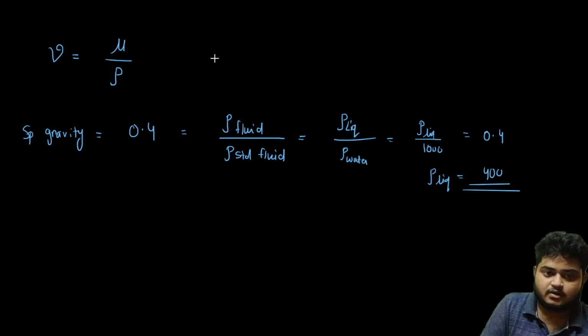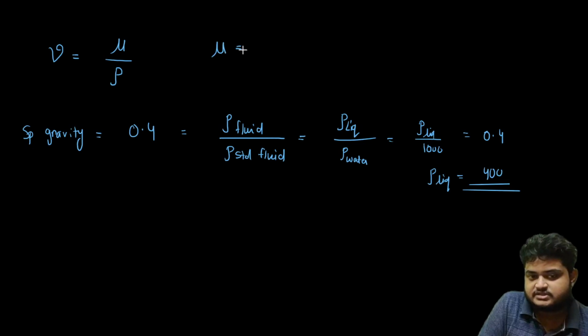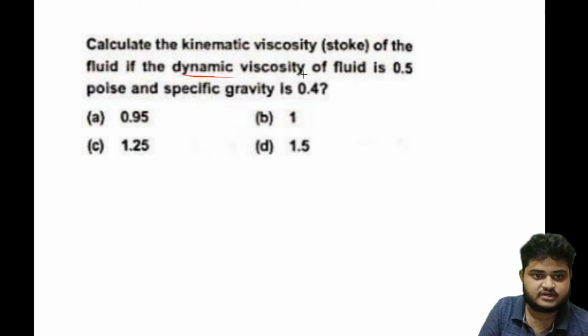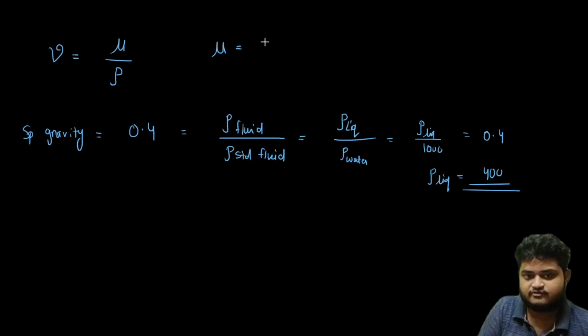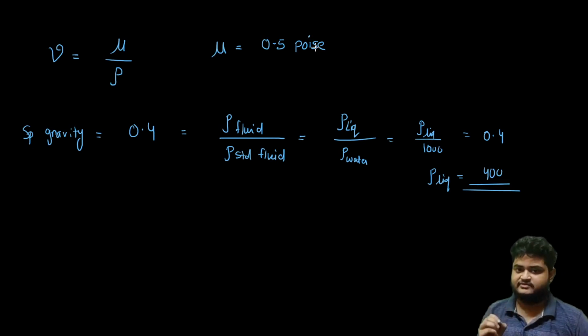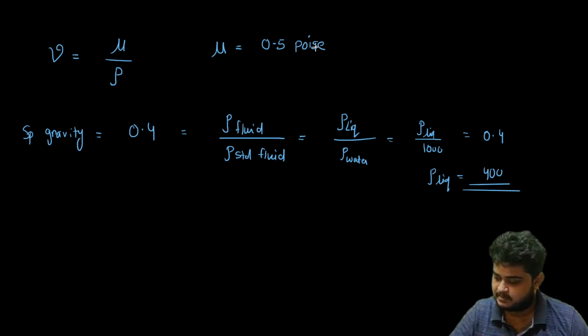Now the dynamic viscosity is given. What is the dynamic viscosity? It is given in poise, which is 0.5 poise.